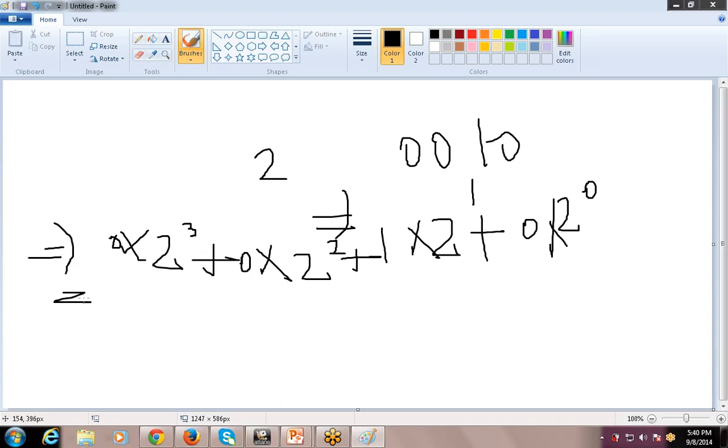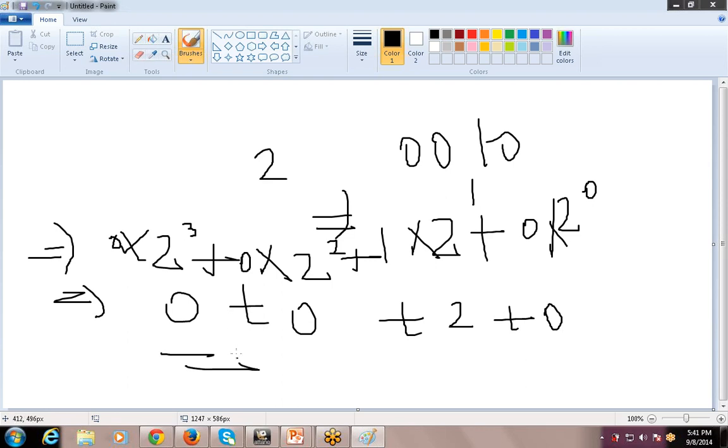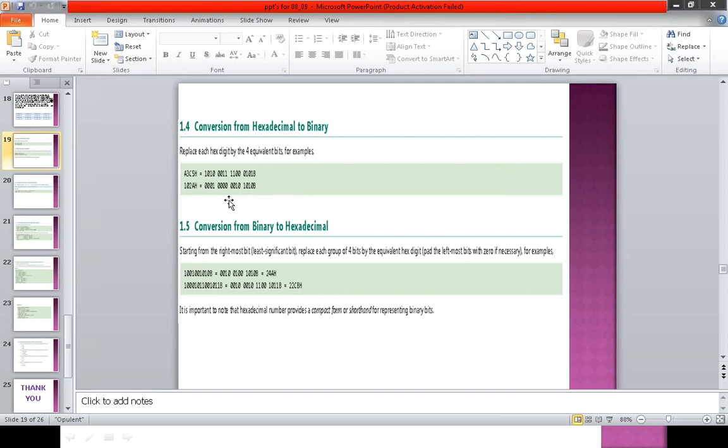So I'm using 0 plus 0 plus 2 plus 0, that is your 2. So this is how it is converted into the decimal form. This is 2. In the same way, this is converted into 4. This is converted into 10.